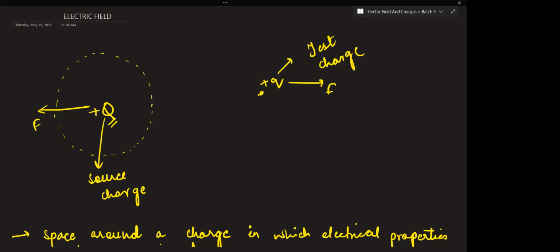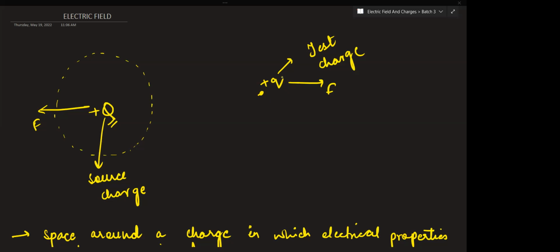Or if I bring a negative charge towards this plus Q, as soon as I bring this minus Q towards plus Q, it will feel a force of attraction. So see, there is a certain environment or a field around this charge in which electrical phenomena or properties can be experienced.